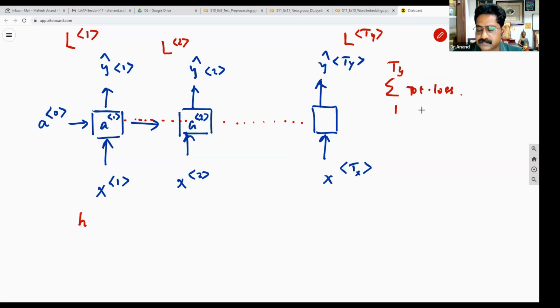At every time step, you have to calculate that, and you have to take the total loss as the total gradient. Using the total gradient, you know how to propagate that error, your gradient value, to update all three weights.